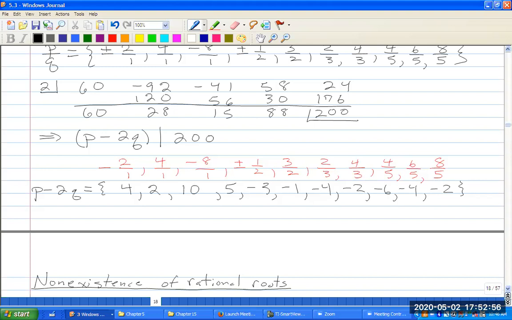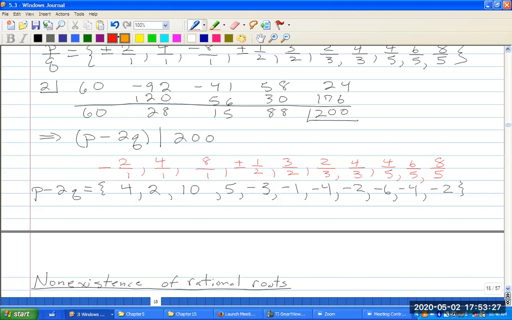Yes, question. For the fraction negative 8 over 1, how did you get 10? I got negative 6. I don't know if I'm doing my math right. Did I do this correct? Let me see if I did it correct. Actually, it should be negative 8 minus 2 is a negative 10. Oh, I see, or positive 10. That's the way I did it, actually.